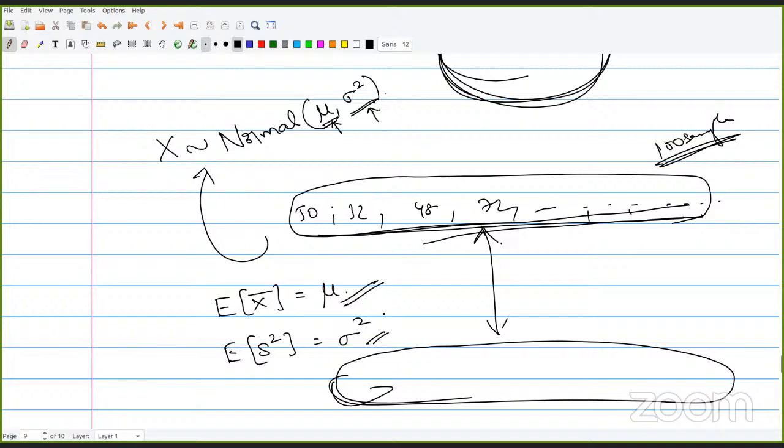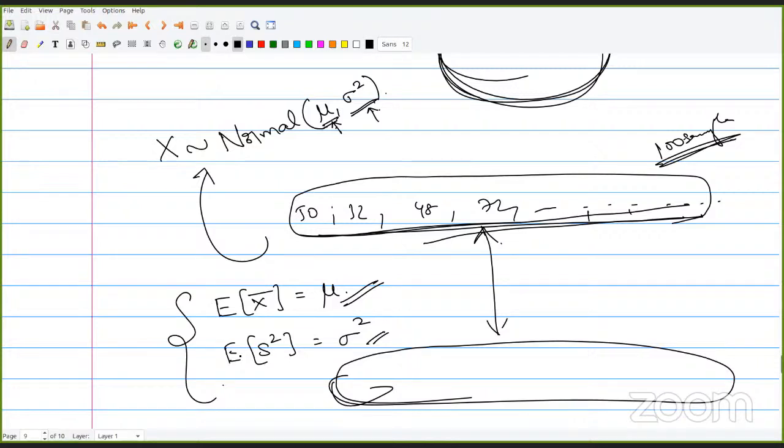Whatever we did till now, we knew the population parameters, and using those population parameters we computed the parameters of samples.